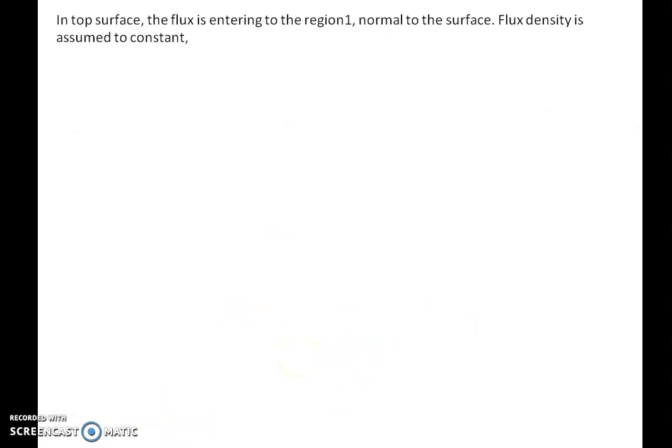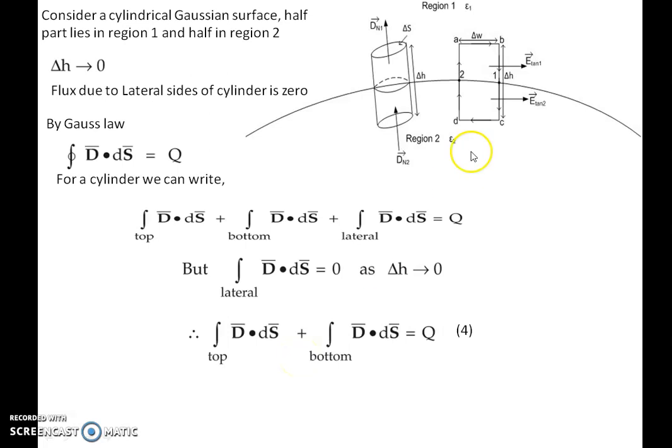Now the normal component at the top surface is DN1, and the normal component at the bottom surface is DN2. But the direction is opposite. Here it is leaving the medium, here it is entering the medium. So the flux leaving the medium is taken as negative and flux entering the medium is taken as positive.